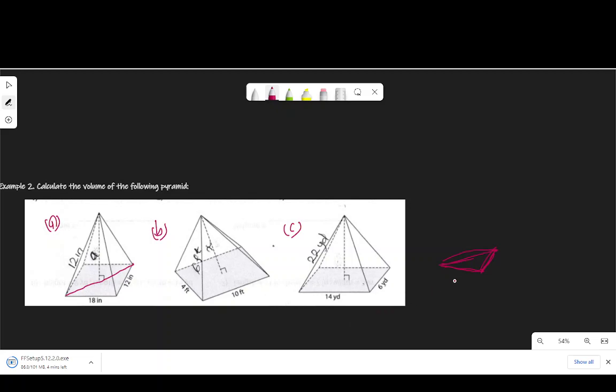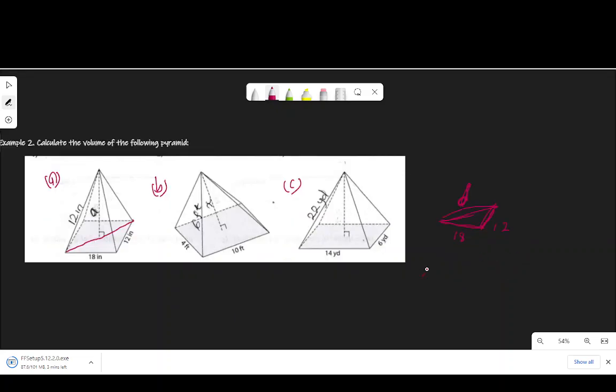This 18, here it is. This 12 right here, here it is. Now the diagonal D, let me call it D. So D square, apply Pythagoras theorem, D square is equal to 18 square plus 12 square. 18 square, that is 18 times 18, which is 324.